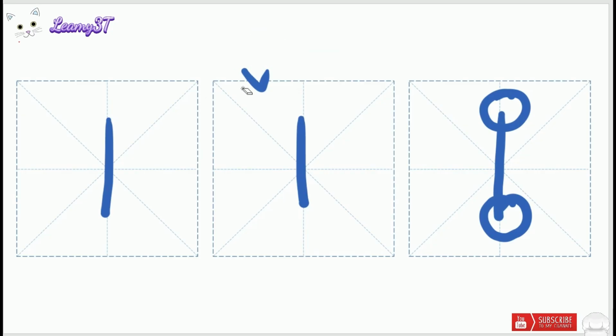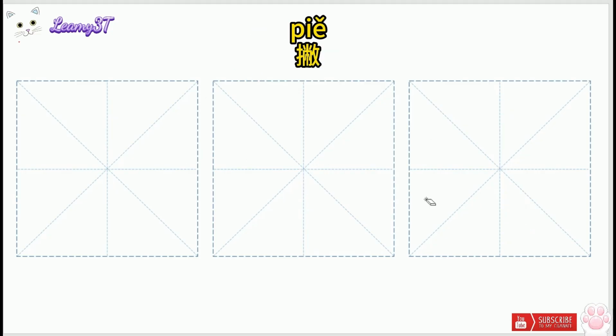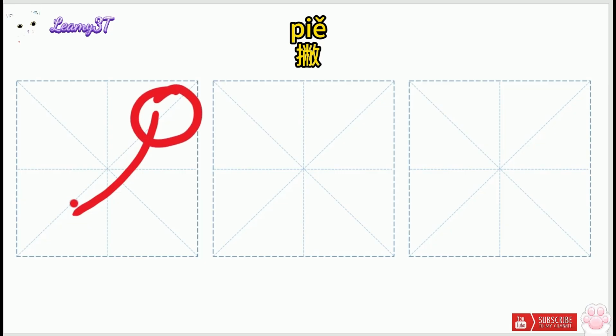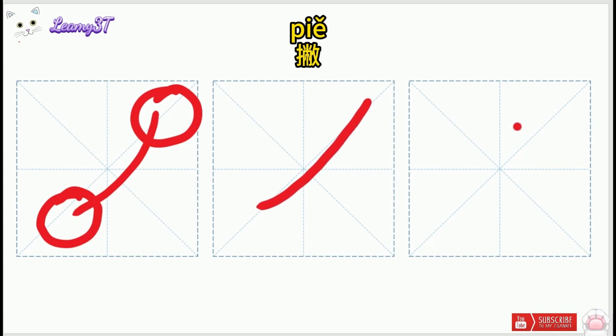Next, it's time to write pie. Pie. When you write pie, please note that it gradually becomes thinner from the top right to the bottom left. Now you see why do I need to write in the grid notebook? One more time. Pie.